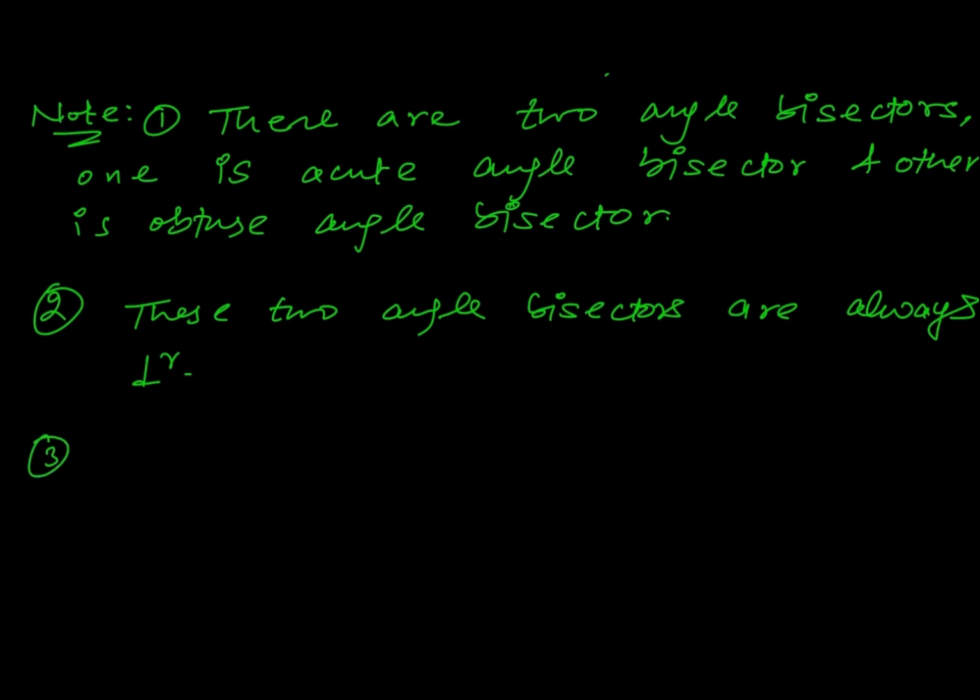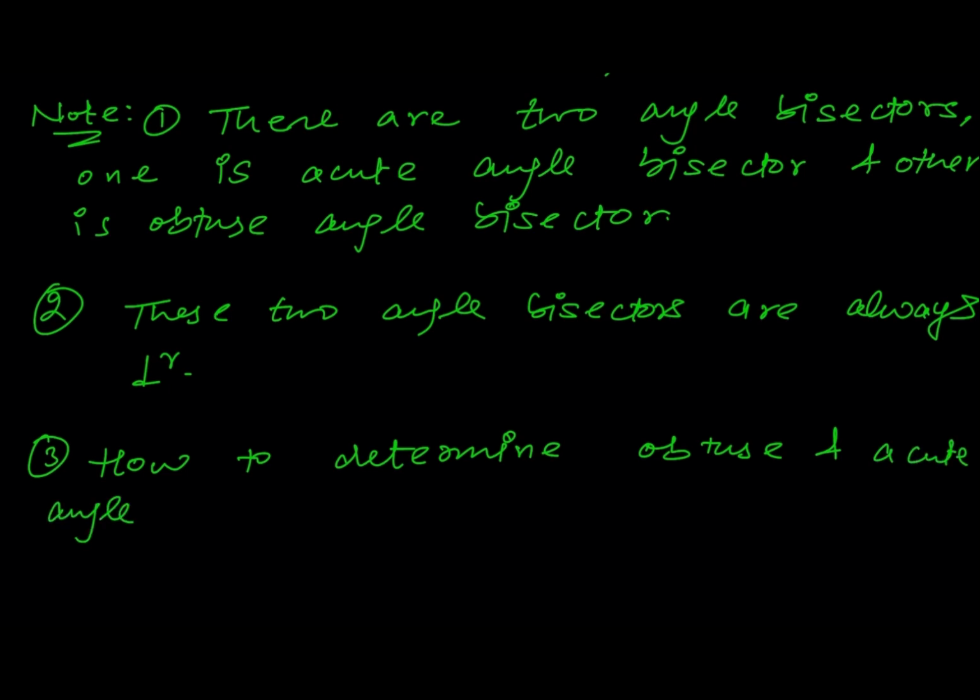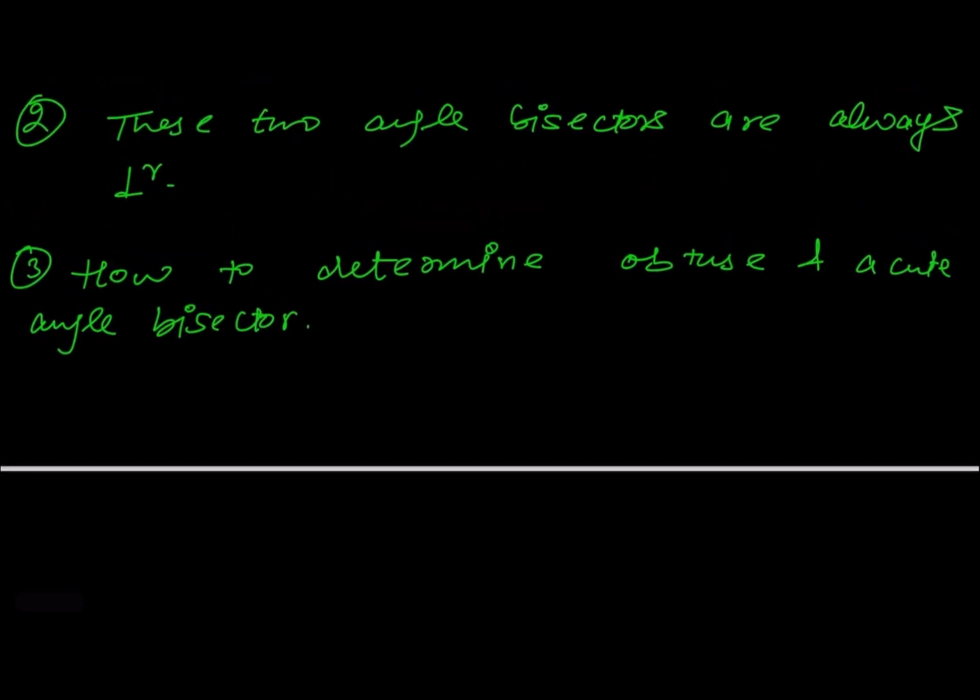Point 3, how to determine obtuse and acute angle bisector. So there is a rule for determining which one is the acute angle bisector and which one is the obtuse angle bisector. For this we have to make c1 and c2 of the same sign. So make c1 and c2 positive.